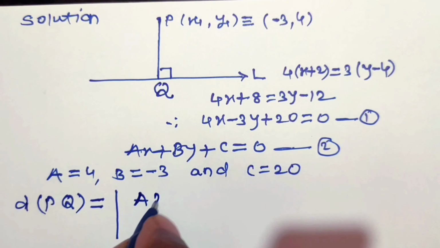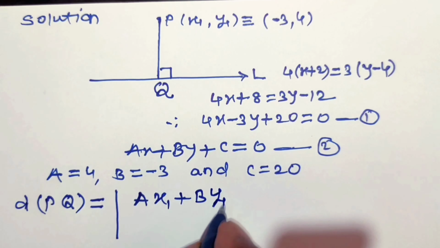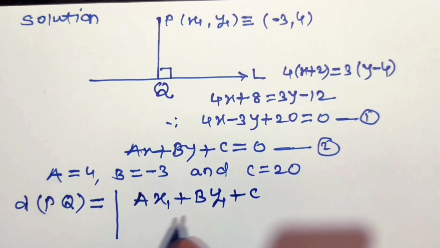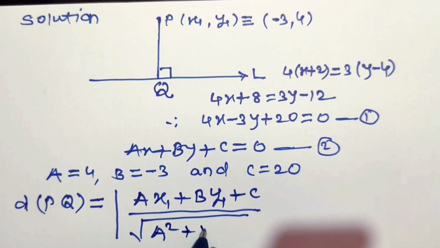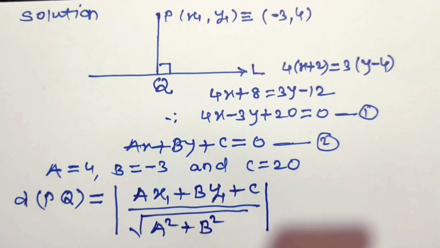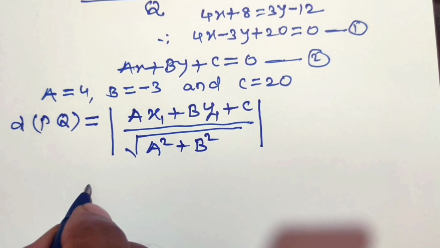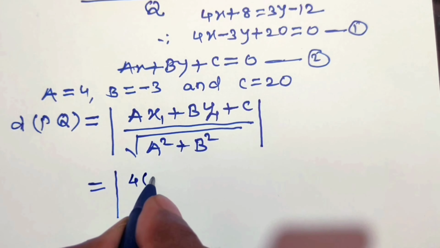Hence, the perpendicular distance of point P on straight line L is given by distance PQ is equal to modulus of ax1 plus by1 plus c divided by square root of a square plus b square. Now put the values of a, b, c, x1 and y1.